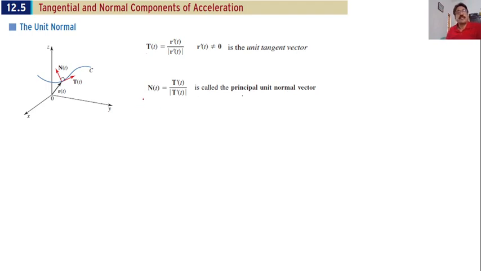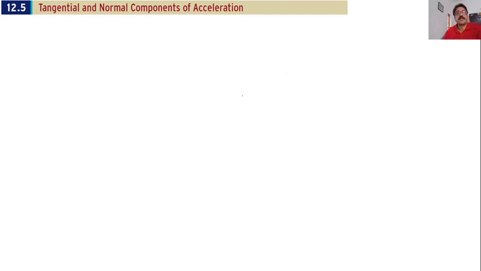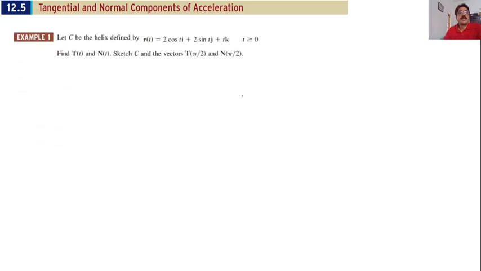So first we take a problem of finding the unit tangent vector and the unit normal vector. Let us see the helix defined by r(t) is equal to 2 cos t i plus 2 sin t j plus t k, t greater than or equal to 0.